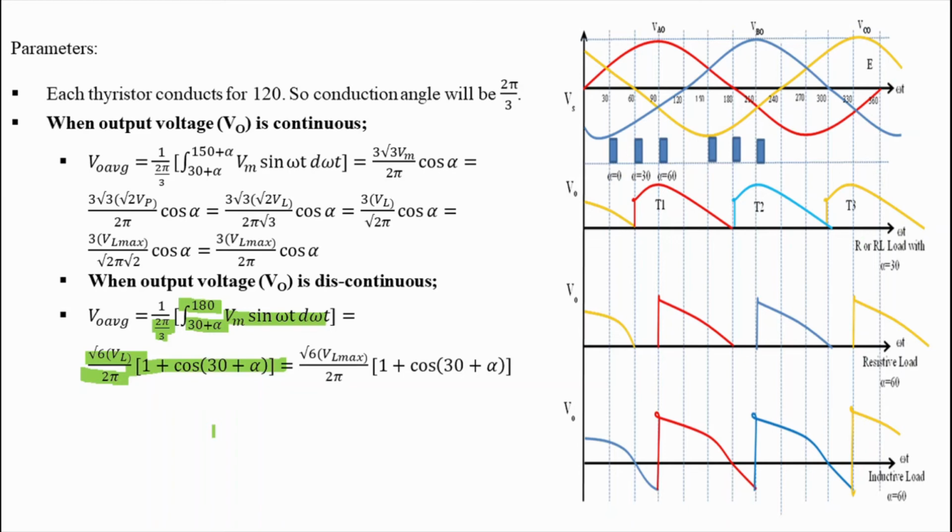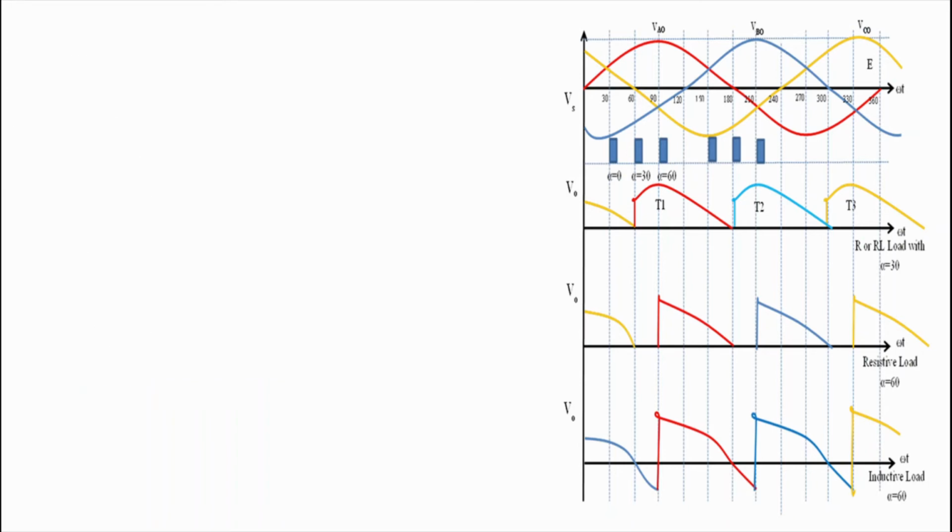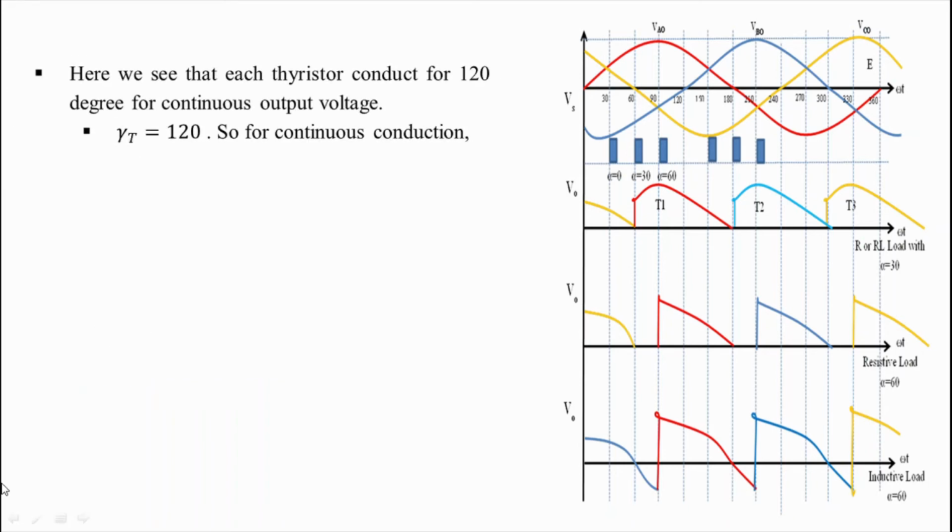Here obviously each thyristor is conducting for 120 degree. So what will be the conduction angle of each thyristor? That will be equal to 120 degree, obviously. So in each case the conduction angle of the thyristor will be equal to 120 degree. Now what will be the waveform of thyristor current?